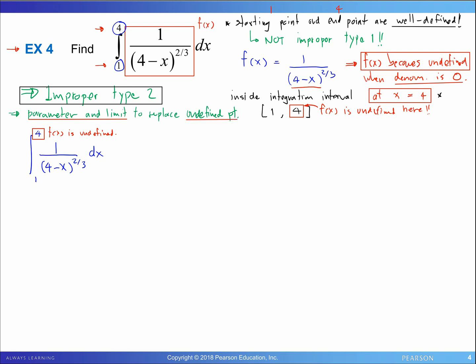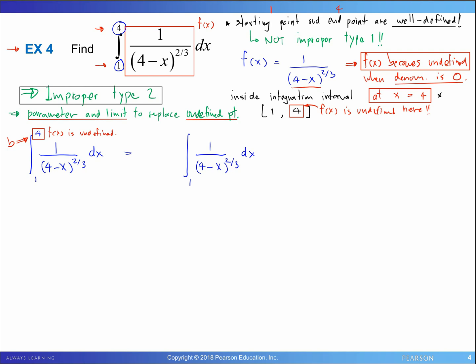So we have an undefined point right here at x equal to 4. Let's use a parameter to replace that. Let's use b. And now we have an integral of the same function, 1 over (4 minus x) to the power of 2 over 3, integrate this with respect to x from the starting point 1 to the endpoint 4, which we used to have.